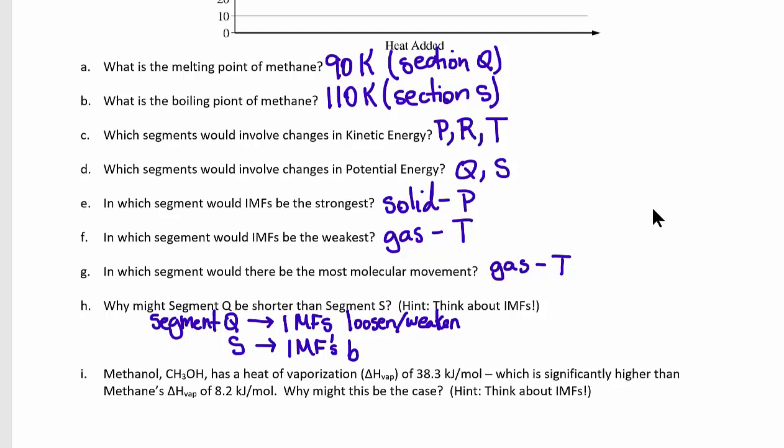Your IMFs completely break. This needs quite a bit more energy. Think Coulomb's law. In order to do that, you have to add more energy in order to separate the molecules far enough that they no longer have an attraction to each other.